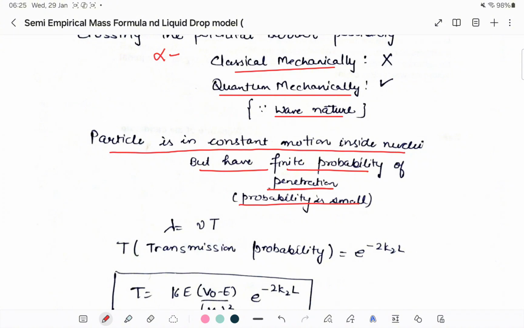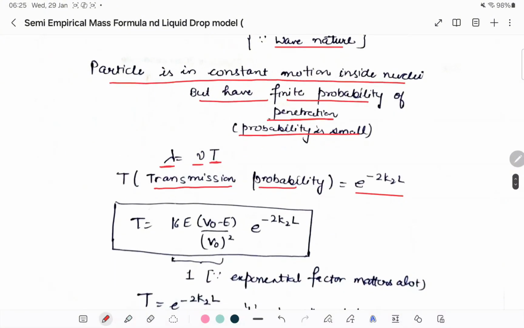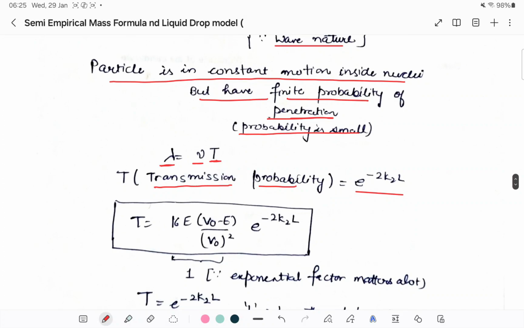As we have already studied, the decay constant is directly related to the collision frequency and the transition probability. Collision frequency we have already studied, which is directly proportional to the velocity and inversely proportional to the radius of the nucleus, and T is the transmission probability, which is directly related to e raised to the power minus 2k2 into L. Although this expression comes quantum mechanically, we will consider this prefactor as equal to 1 because the exponential factor is playing the major role.